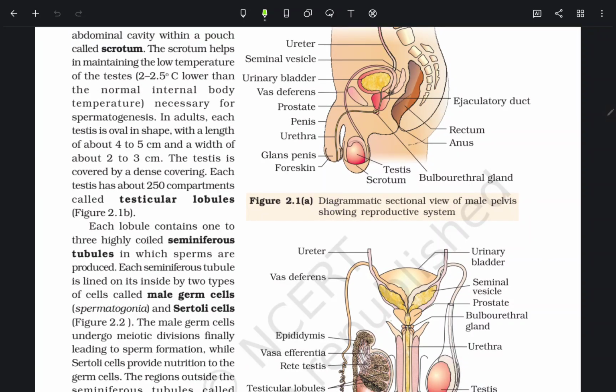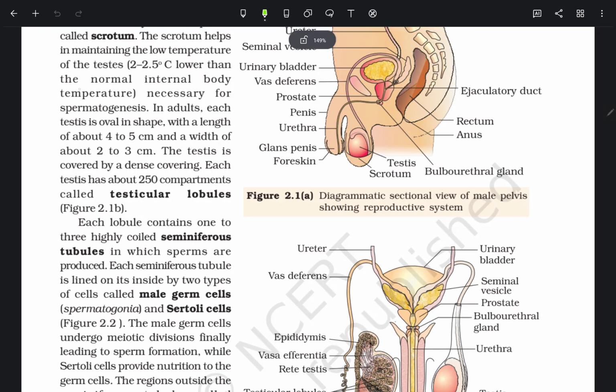The scrotum helps in maintaining the low temperature of testes, 2 to 2.5 degrees Celsius lower than the normal internal body temperature, necessary for spermatogenesis. In adults, each testis is oval in shape with a length of about 4 to 5 centimeters and a width of about 2 to 3 centimeters.